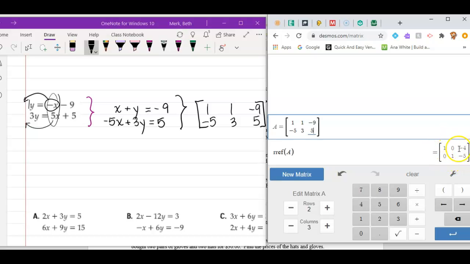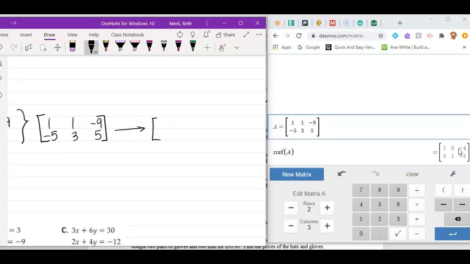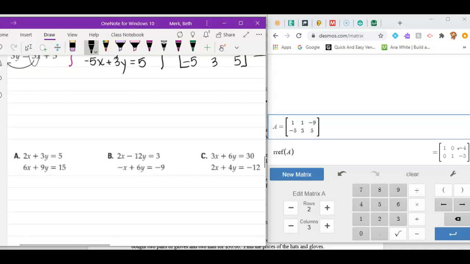The solution to this system is 1, 0, -4, 0, 1, -5, which means my answer is -4, -5. It's much faster than substitution or elimination.